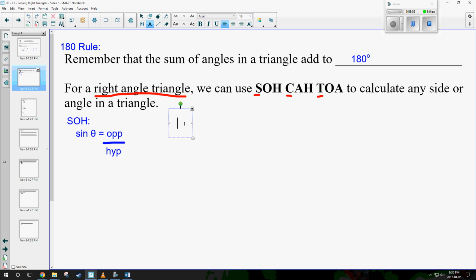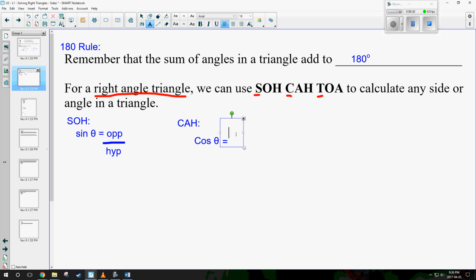The second part of our equation, the CA, gives us what to use for cos. So again, we always put the angle with the sine, the cos, or the tan. So we do cos theta. And that equals, we follow the letter, so C goes for cos.